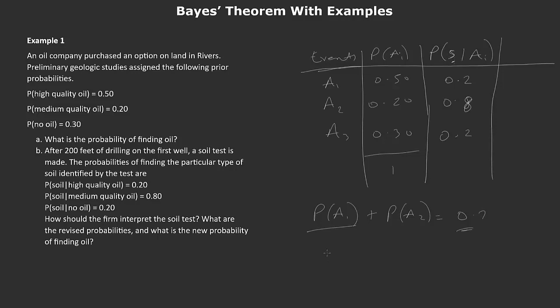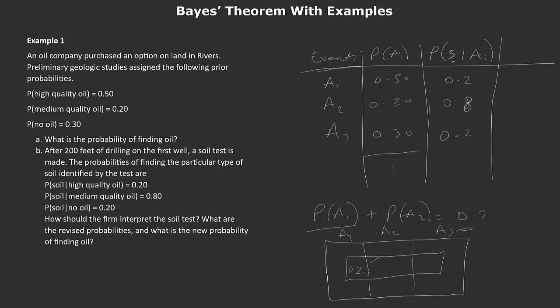One way you can visualize this is graphically, where you have three possible events: A1, A2, and A3, right? Then you have this evidence which cuts across these three events. So this section is 0.2.